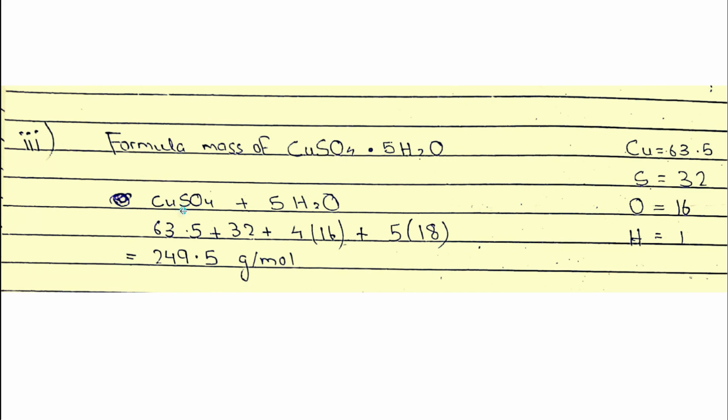Now Cu copper 63.5 plus sulfur 32, oxygen 4 atoms, so 4 multiplied by 16, plus 5 H2O. H2O is a compound, so its molar mass is 18, and 18 multiplied by 5. When we add them all together, the answer is 249.5 grams per mole.